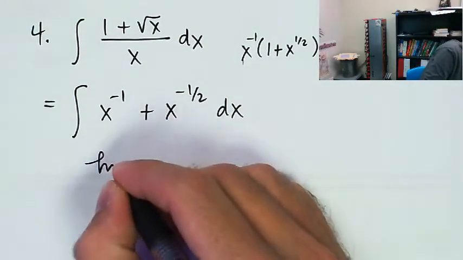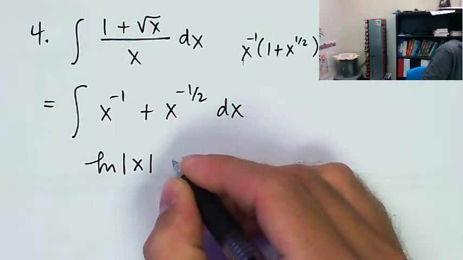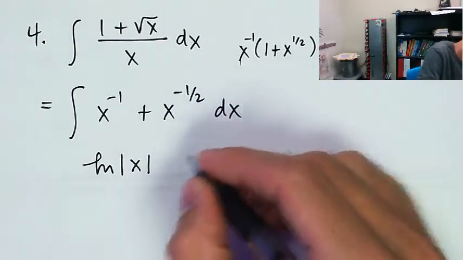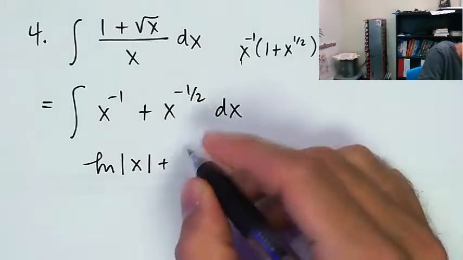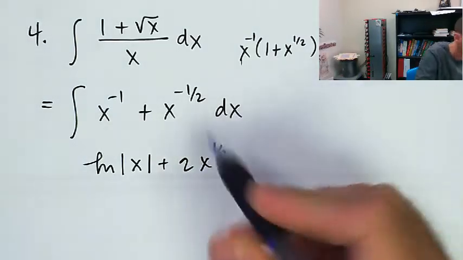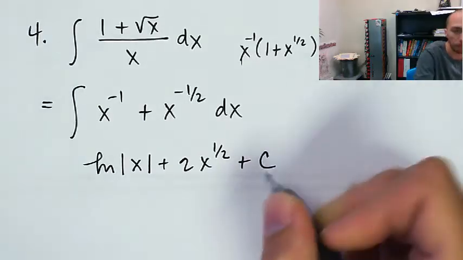So I need to know that this is log of the absolute value of x. If I increase this power by 1, I'll have x to the 1/2. And if I divide by 1/2, that's like multiplying by 2. And won't forget plus c.